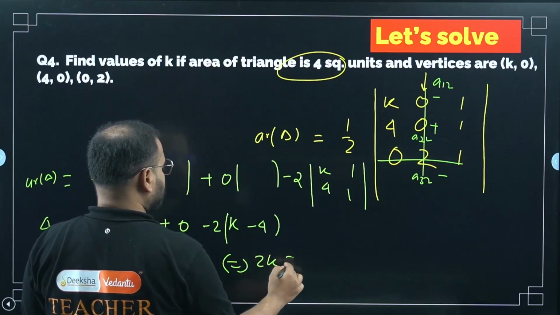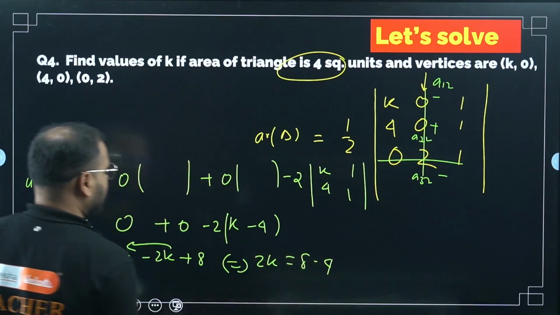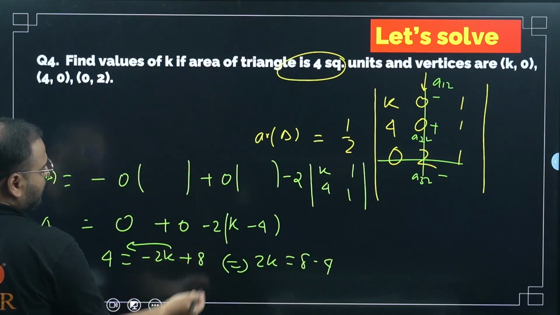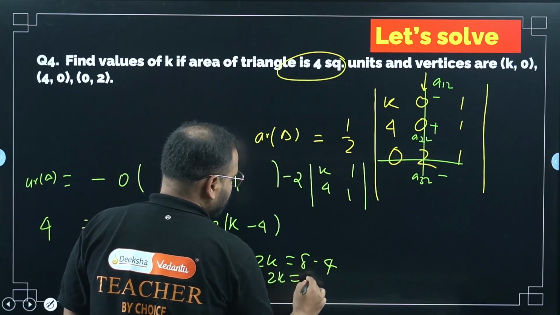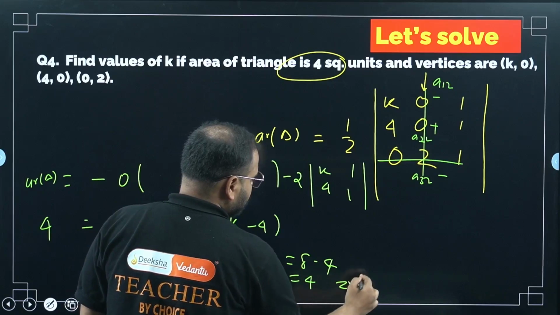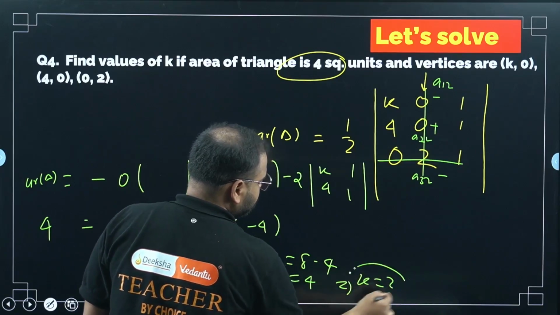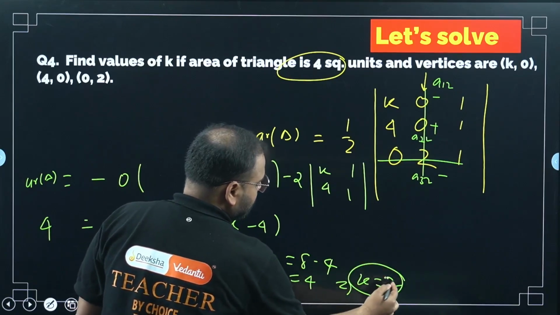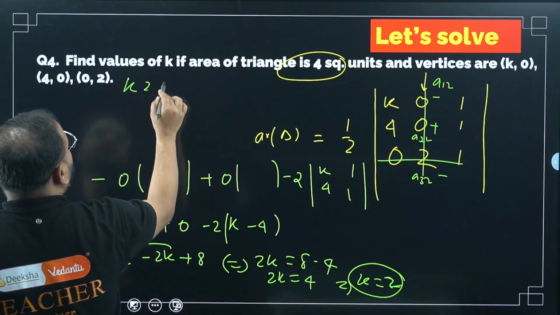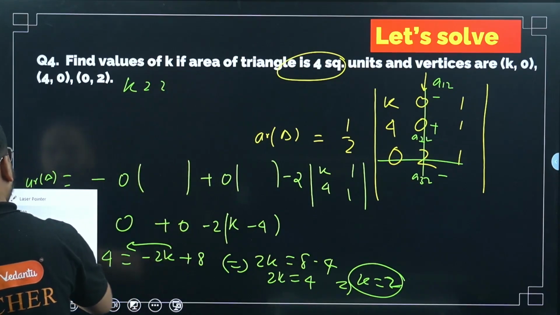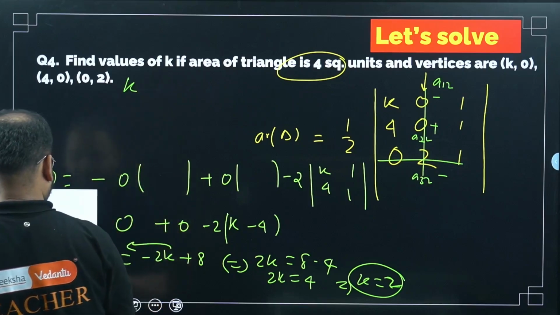I get 2k equals 8 minus 4. 2k comes here, becomes positive. 4 goes there, becomes negative. So 8 minus 4, what is the answer? 2k equals 4. So k equals 2. Correct? Answer is k equal to 2.